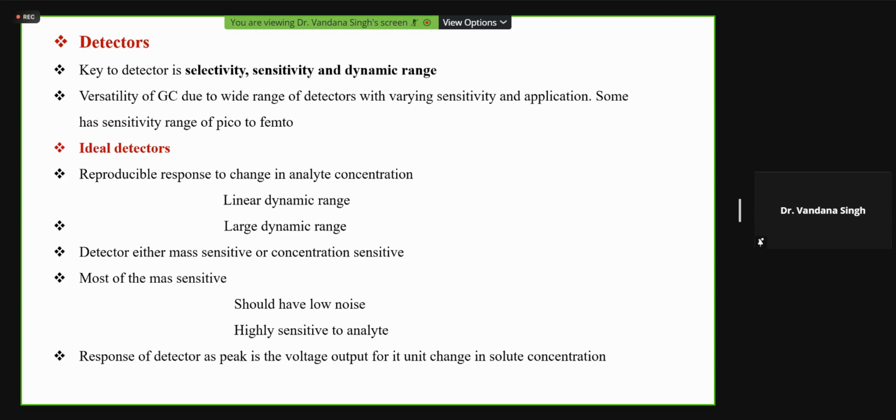They should also be highly sensitive to the analyte, with the ability to detect the analyte at a minimum concentration.